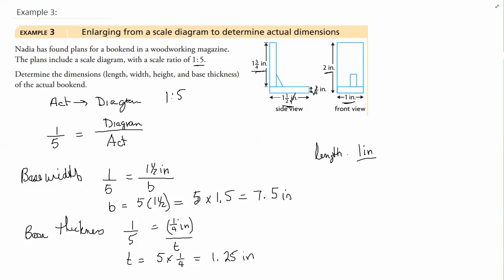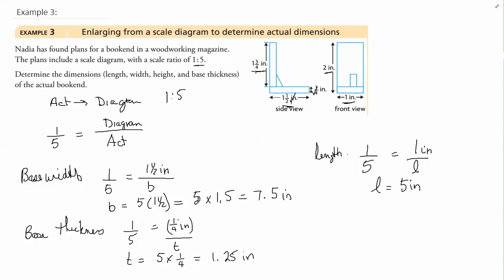We're calculating the length. Again, we take our scale factor of 1 to 5. The diagram is 1 inch, and so our length is going to be 5 inches. Right?